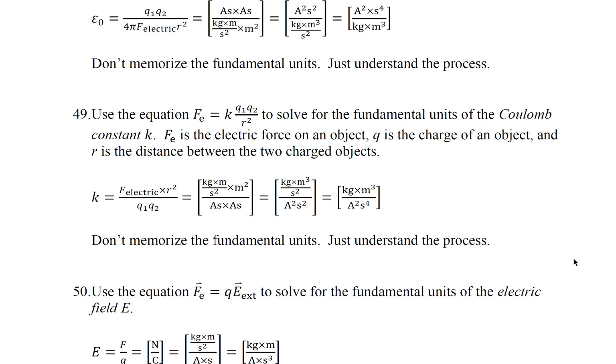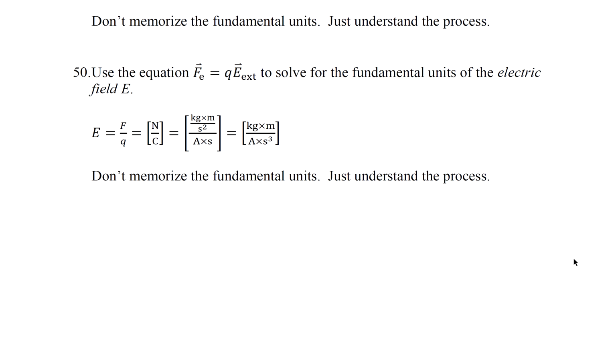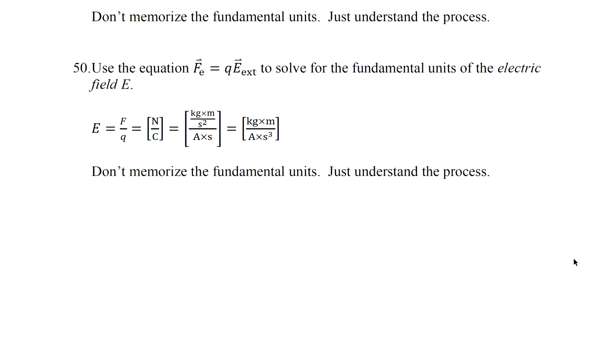You just take the inverse of one to get the other. Question 50, use the equation F sub E equals Q E external to solve for the fundamental units of the electric field E. So first solve for E, then plug in the fundamental units for each variable to get an answer.